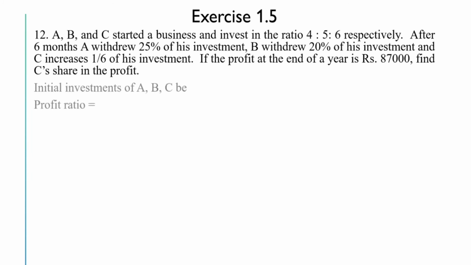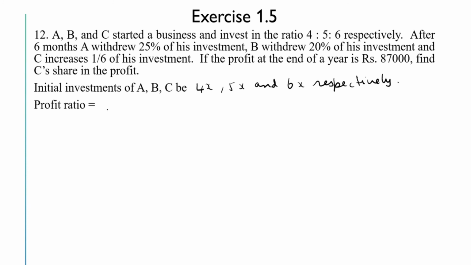So first let us find the profit ratio. Let us consider the initial investments as 4x, 5x and 6x respectively. Similar to the previous question, where only B had some changes in his investment, here in this question all three have changed their investment.